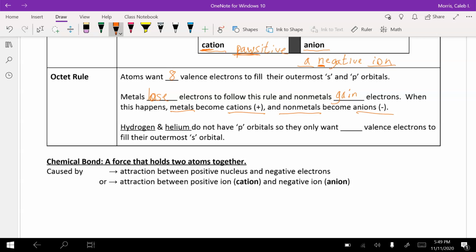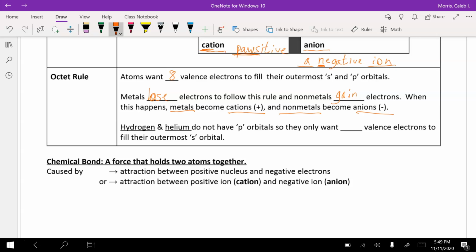So after the change has happened, a metal is no longer an atom, it's a positive ion, a cation. After a nonmetal has gained electrons, it's no longer just a neutral atom, it's now an anion, a negative ion.